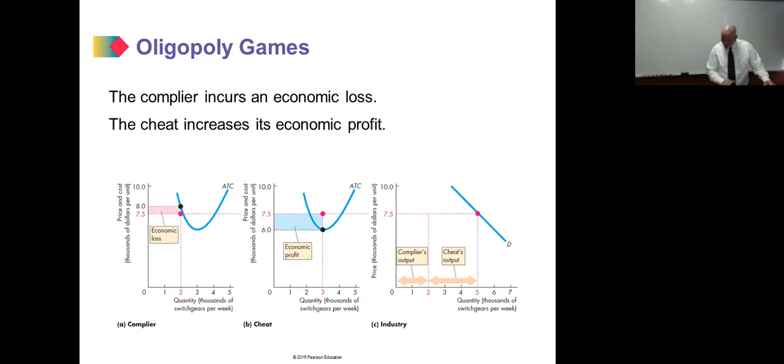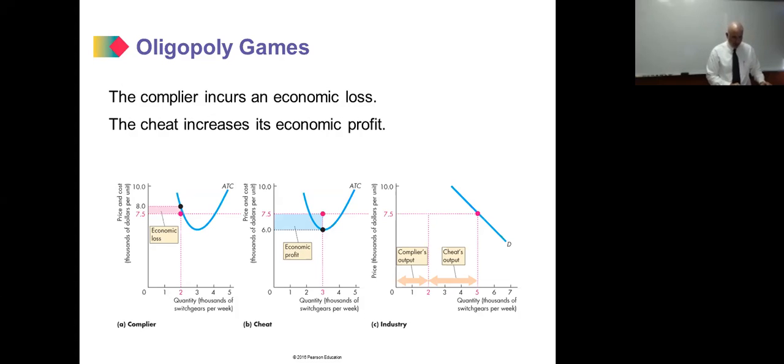Market demand over in chart C grows out to 5,000 units, switch gears per week. And the price falls when industry quantity increases out to 5,000; the price falls down to $7.50.